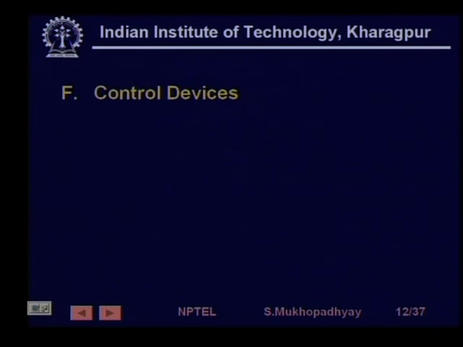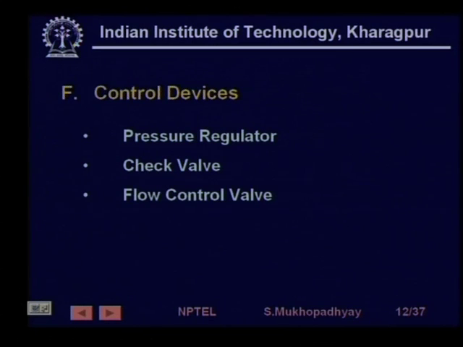Just like in hydraulics, there are various types of control devices which are also used here. You have pressure control devices like pressure regulators, and check valves which allow flow in a certain direction and do not allow flow in the other direction. Then there are flow control valves. In this case they are mainly used to control the speed of motion.